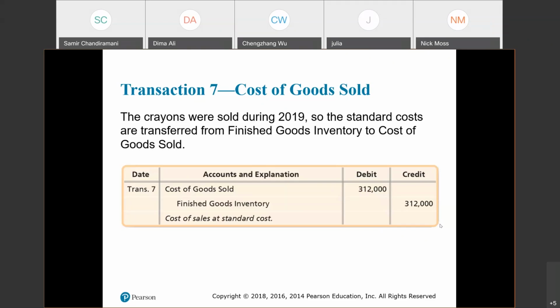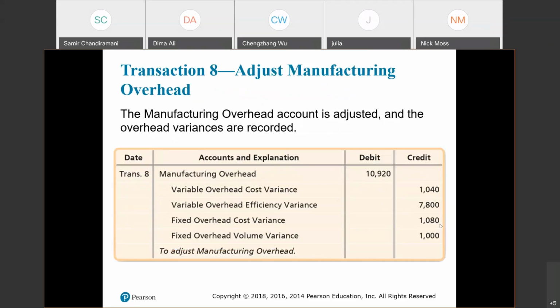And finally, as you know, we need to do the adjustments. So the last transaction, adjust manufacturer overhead account and records the overhead variances. All of the manufacturer overhead variances are favorable. So they are all credited.